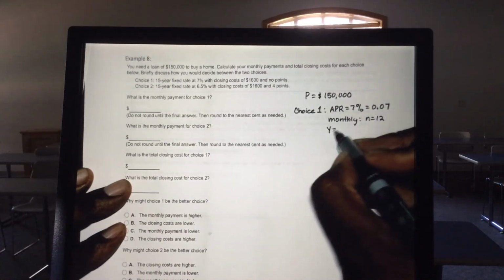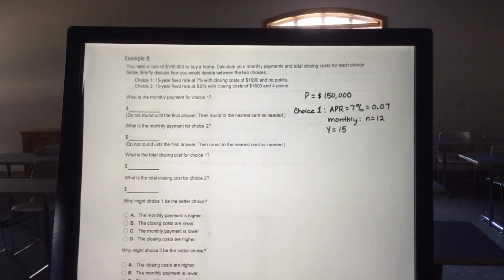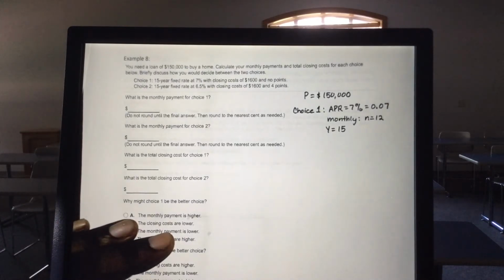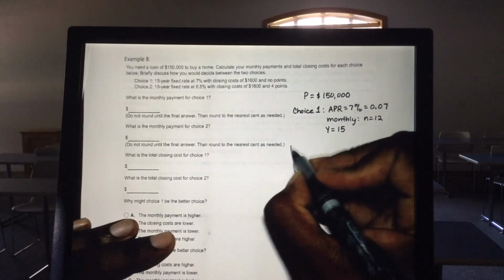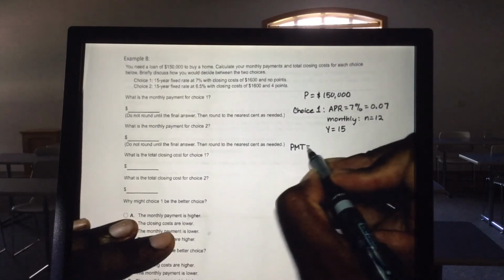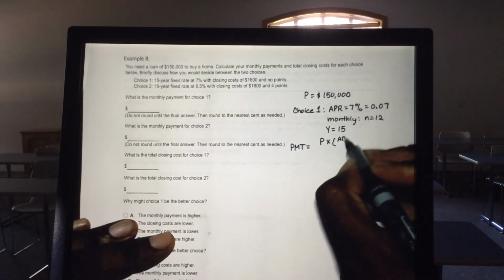Y is going to be 15 because it is a 15-year fixed rate, 15-year mortgage. Okay. Now, let's find out what that monthly payment is going to be, PMT. So I'll go ahead and rewrite that formula again.